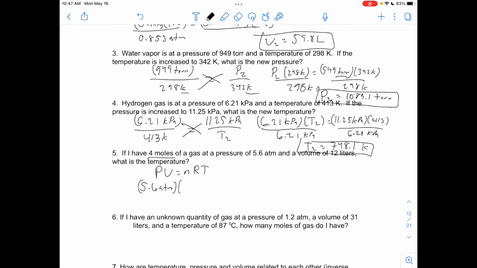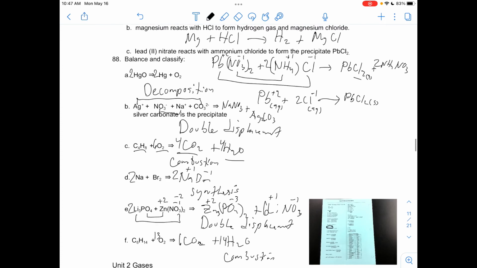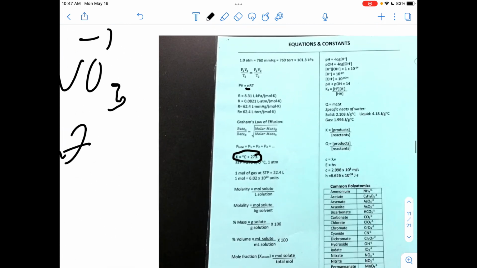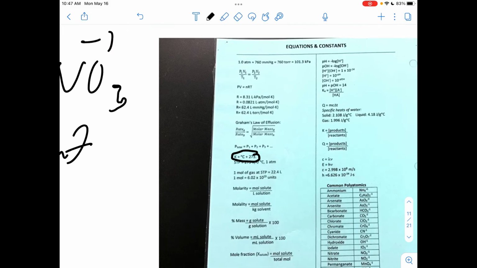We have 5.6 atm as a pressure. Volume is 12 liters. Now the R value depends on whatever pressure unit we have. For atm, we're going to look at our chart here. For atm, notice it's this one because it has atm in it.